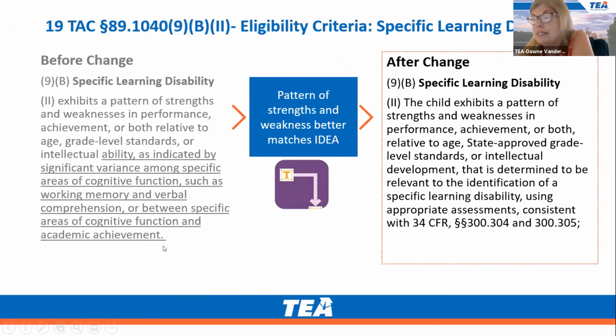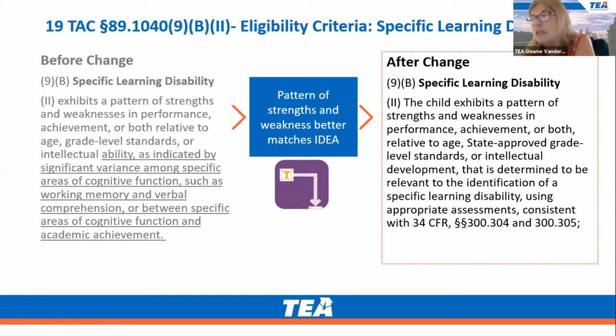The other way that SLD can be determined is through a pattern of strengths and weaknesses in performance, achievement, or both. Please notice that the underlined language on the left, as indicated by significant variance among specific areas of cognitive function, such as working memory and verbal comprehension, or between specific areas of cognitive function and academic achievement, has been removed.